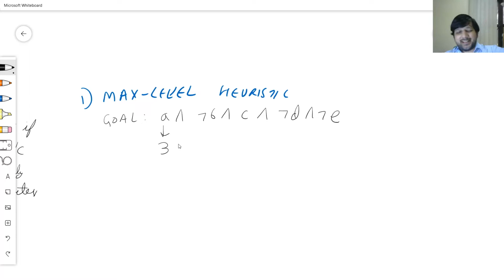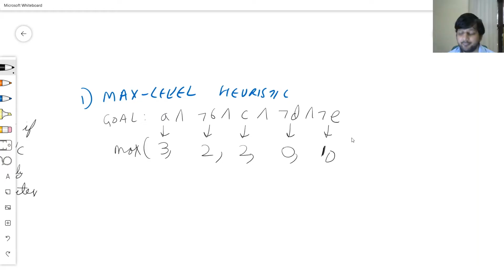It did not occur at level 0, level 1, or level 2; at level 3 it could occur. Not B was first found at level 2, C was first found at level 2, not D was true at the source itself, at level 0, and not E was found at level 1. So my max level heuristic says 3, and that is true. Why?